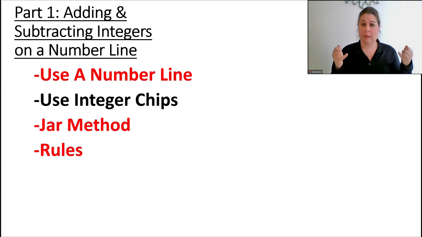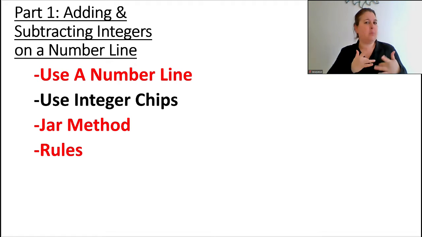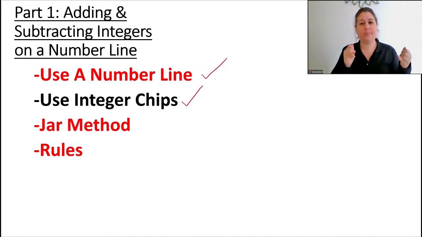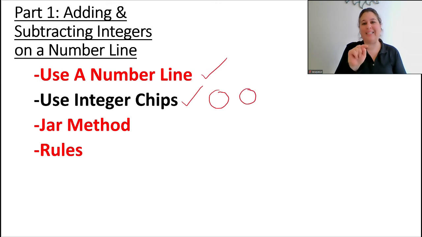When you're adding and subtracting integers, there are lots of different ways that you can be taught and that you can learn how to do it. Usually people start off with number lines. They use integer chips. If you don't know what those are, they're very common chips that teachers use for lots of different things.